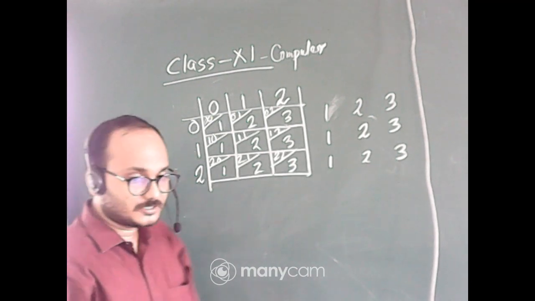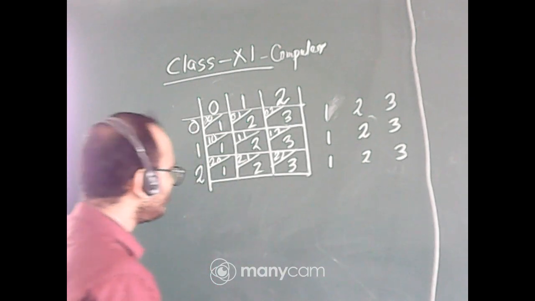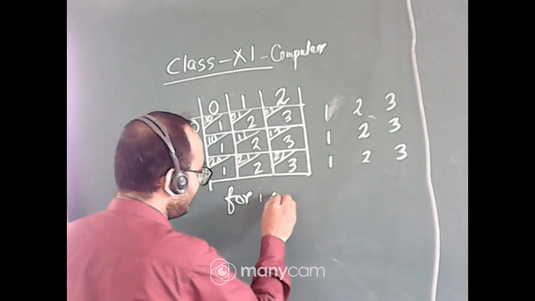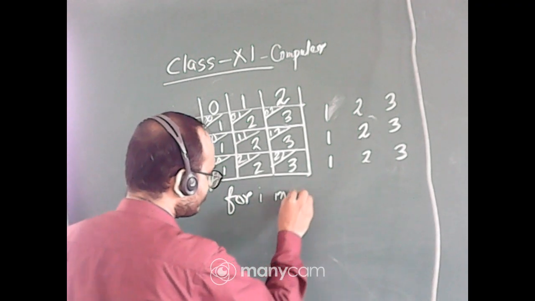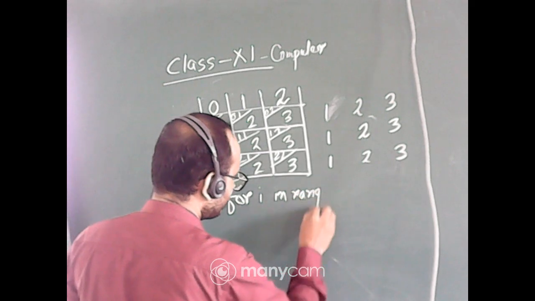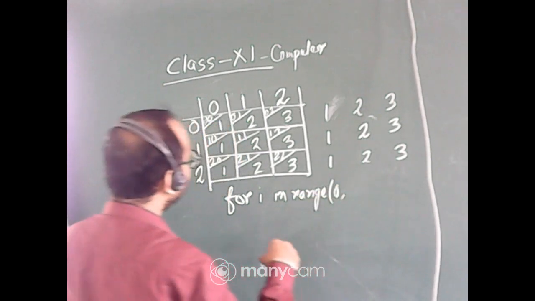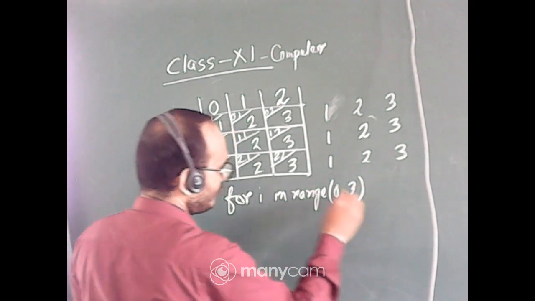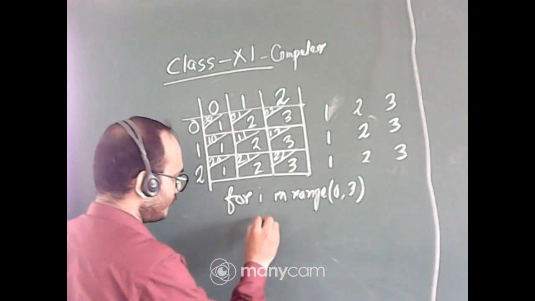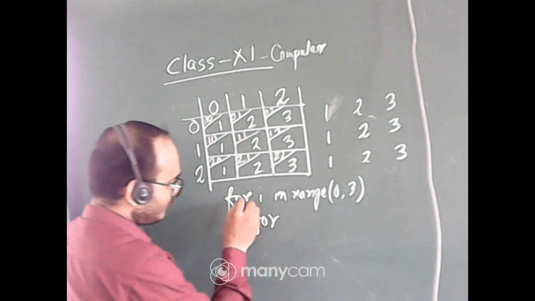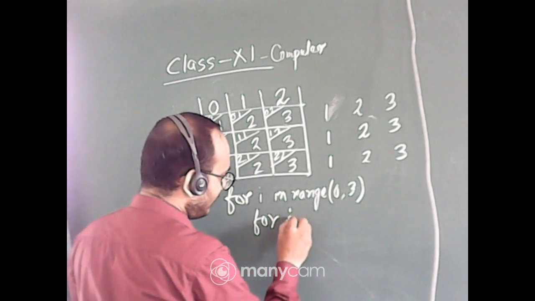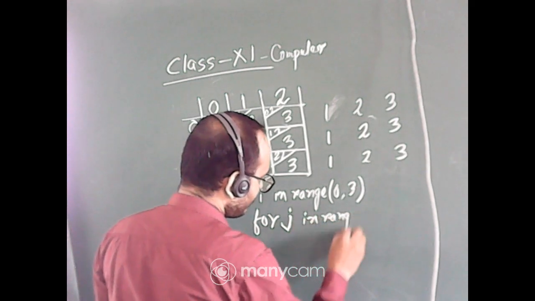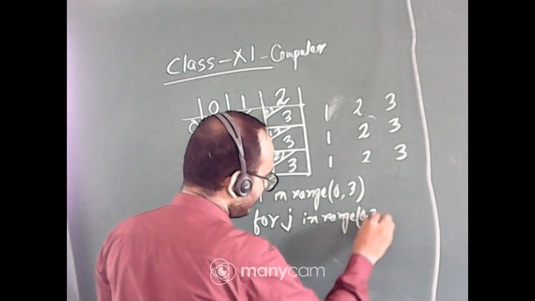So what is the structure of a nested for loop? That is: for i in range(0, 3), and for this structure, for j in range(0, 3).